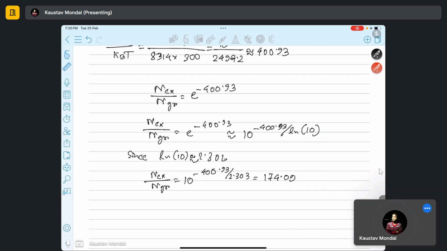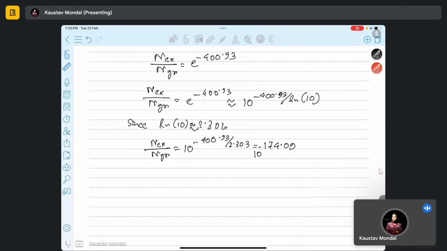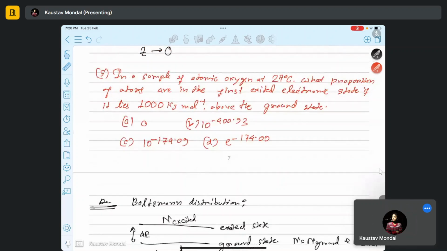So 10 to the power minus. So the value of n excited by n ground is simply 10 to the power minus 174.09. So the correct answer would be this.